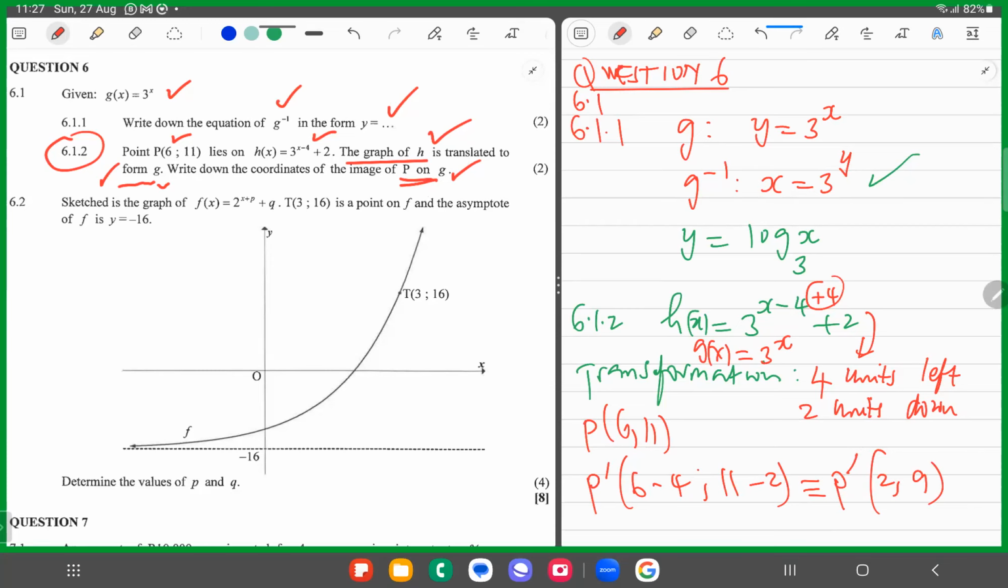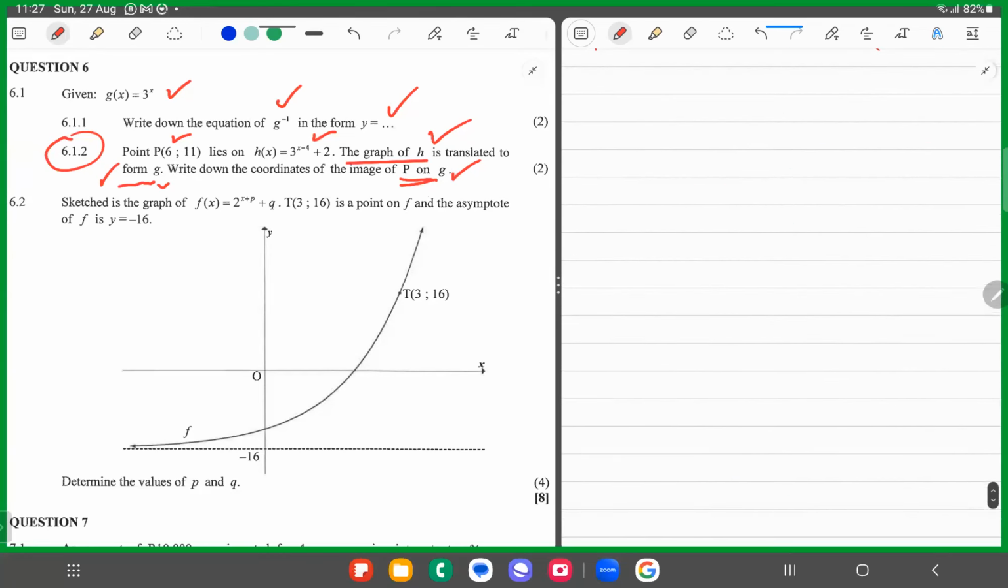Right, the next thing is to focus on the next question, 6.2. In 6.2, we have this exponential function, and they're asking us to find the values of p and q. Sketched is a graph of the exponential function f of x equals 2 to the power x plus p, plus q. T with coordinates 3 and 16 is a point on f, and the asymptote of f is y equals minus 16.